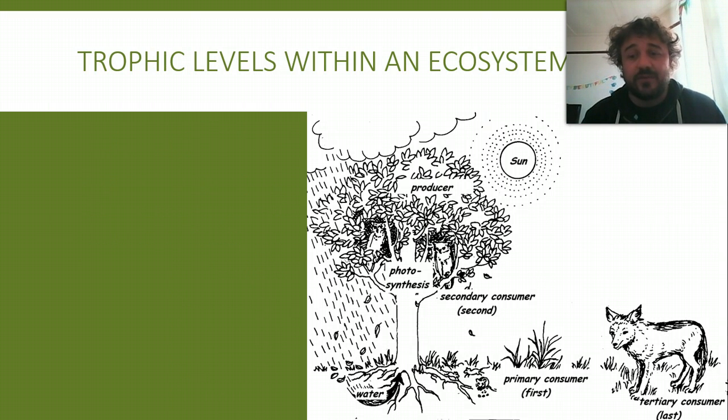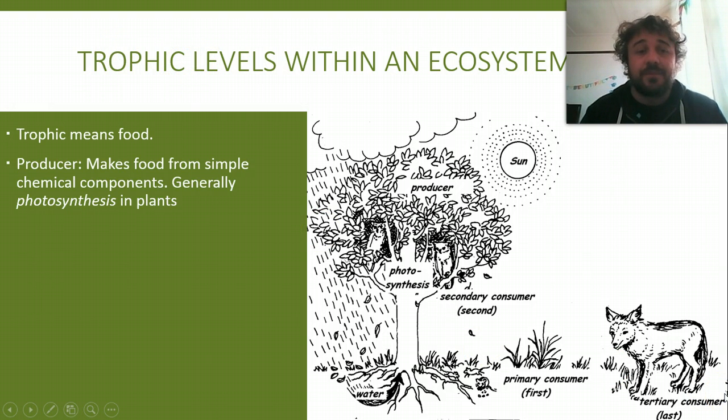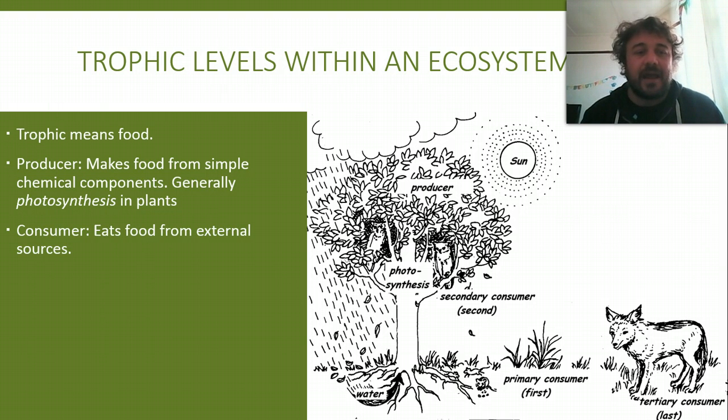Okay, so trophic levels within an ecosystem. Trophic means food, straight up, so this could just be written as food levels. A producer makes food, generally photosynthesis in plants and phytoplankton and some other things like that, algae.